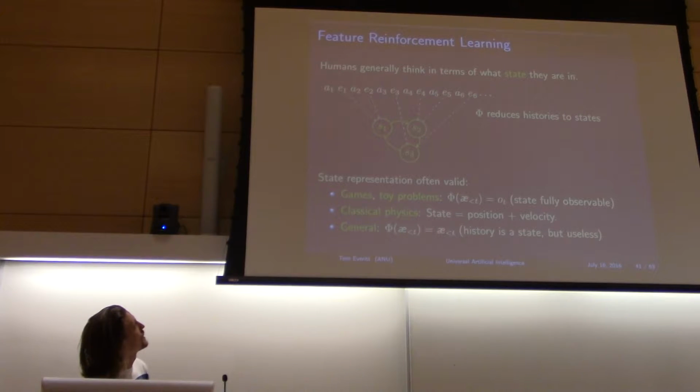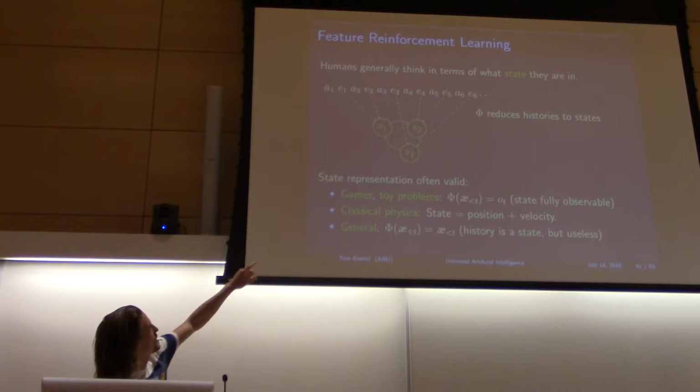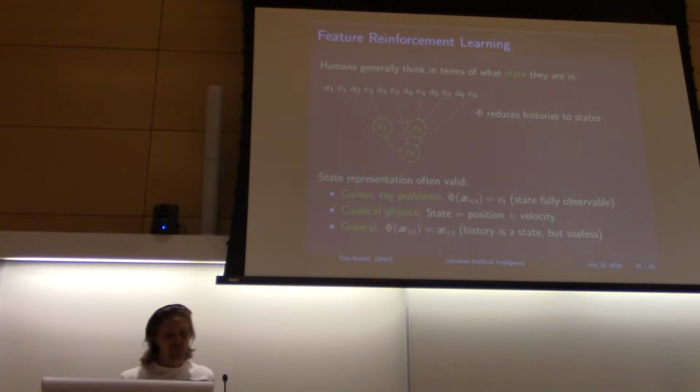So feature reinforcement learning is this idea that we should find a map that maps histories to states. Here are some examples where state representations are valid. I think in most environments there is some kind of state that generates history.